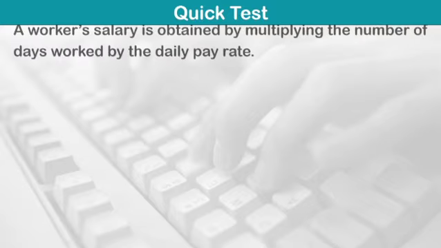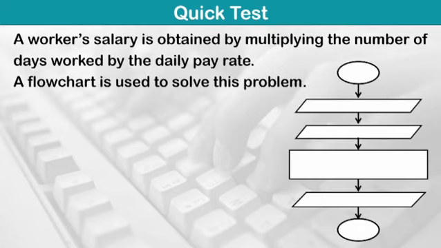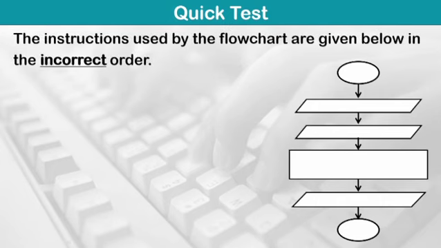Now consider the following problem. A worker's salary is obtained by multiplying the number of days worked by the daily pay rate. A flowchart is used to solve this problem. The instructions used by the flowchart are given in the incorrect order.